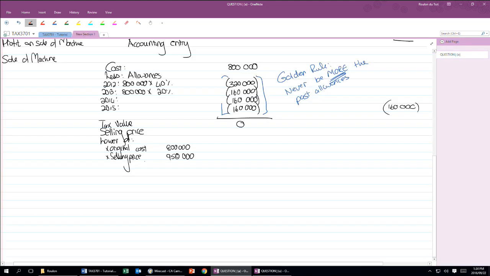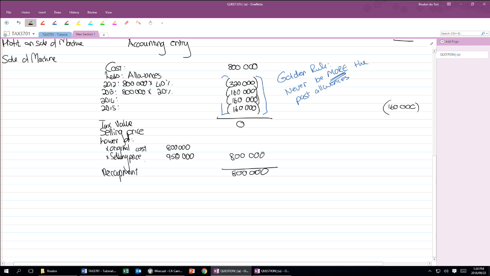So you use the lower of the two, which is 800,000. 800,000 minus 0 gives us a recoupment of 800,000 rands, and that is what our past allowances were. It's not more than that. That's the one way of doing it, guys.